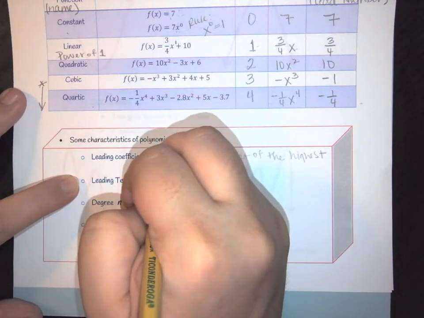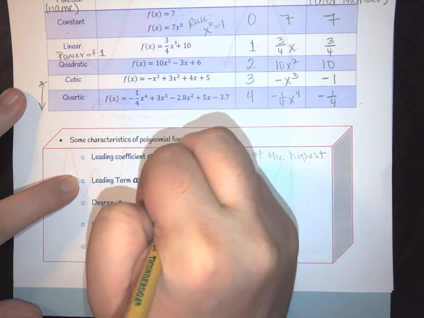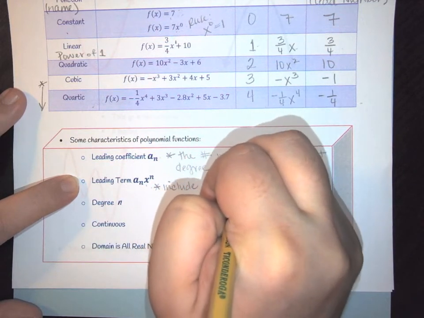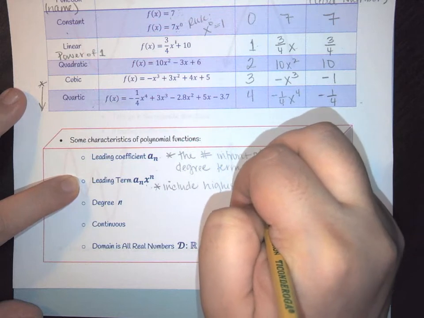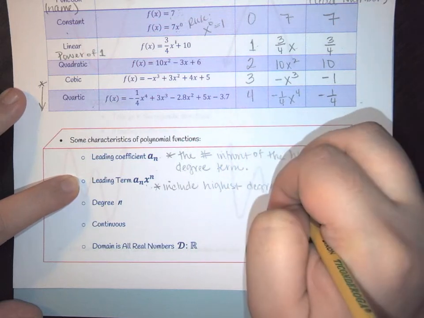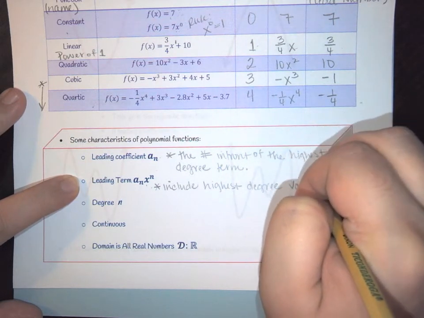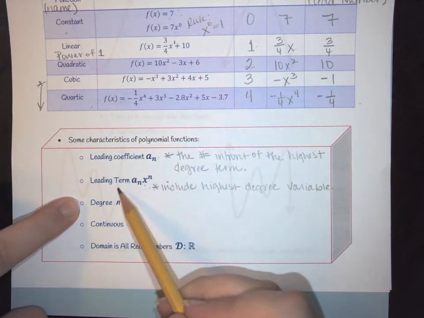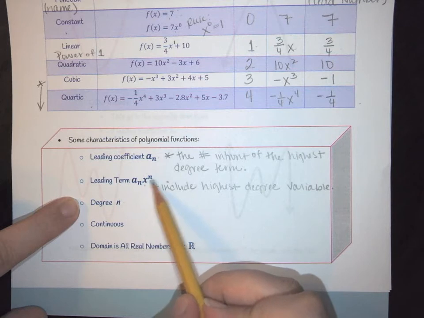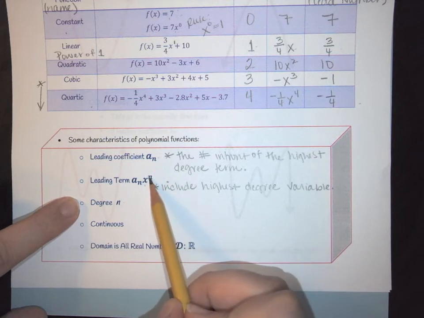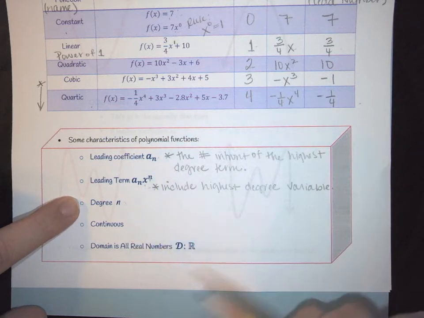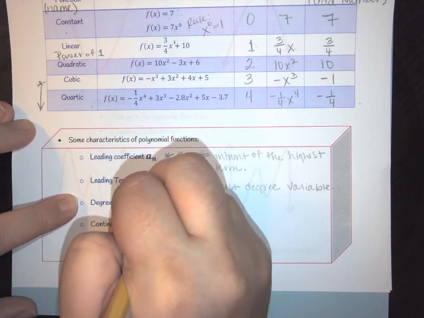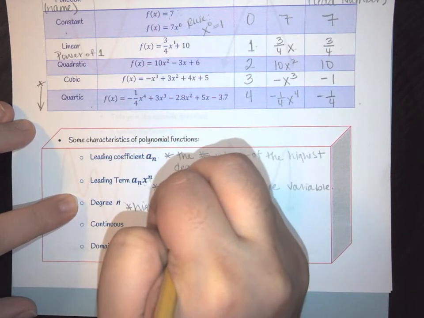So here we are going to include your highest degree variable. The degree is this little n value. So notice when we're talking about this leading term, the n is your power. So when we're talking about your degree, we are talking about your highest power.